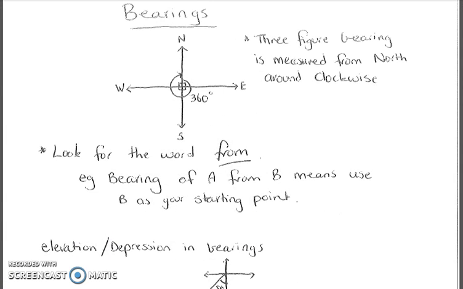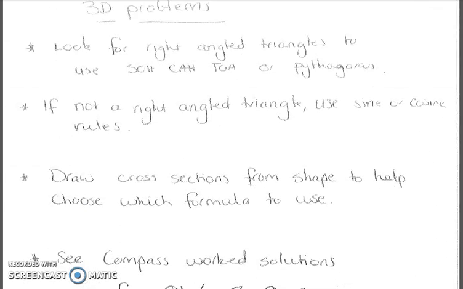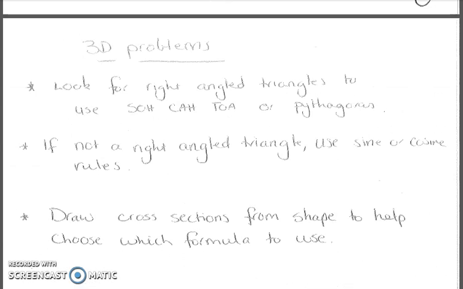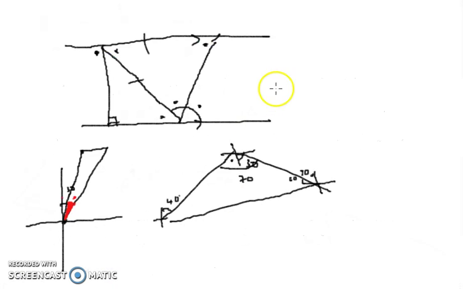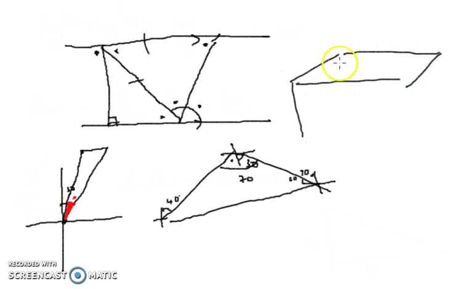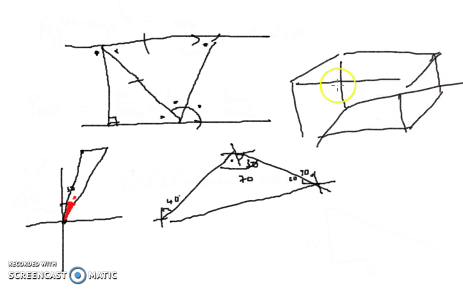Alright, 3D problems. A couple of things to remember with 3D problems: generally look for right angle triangles. There may be questions that involve cubes or prisms, like that. Here's a 3D shape, really rough and quick.